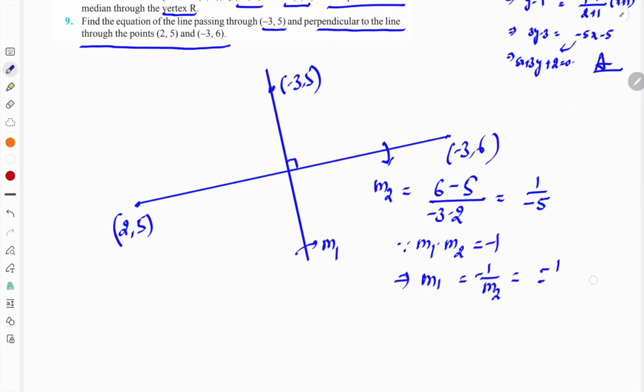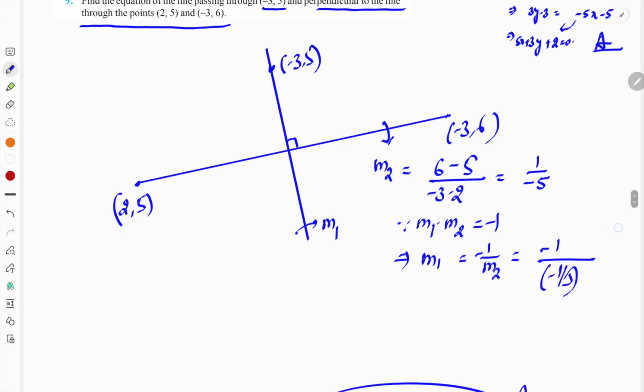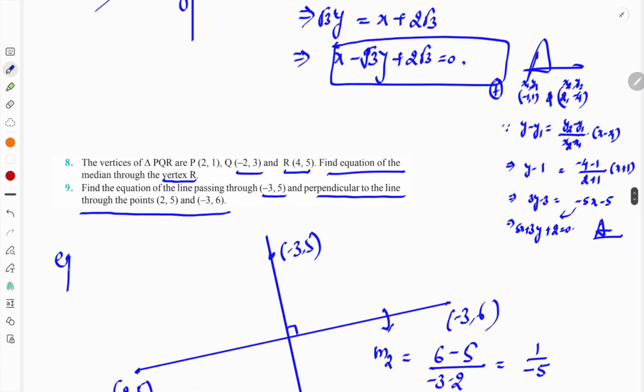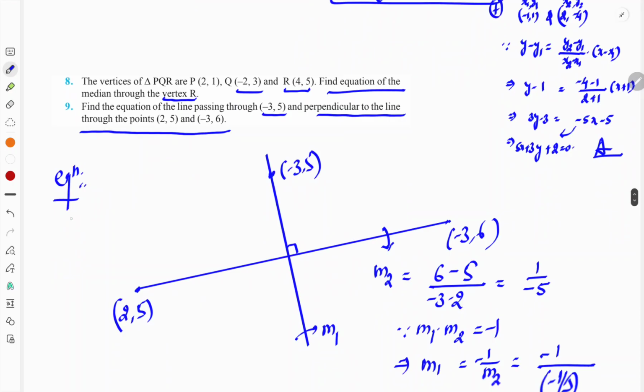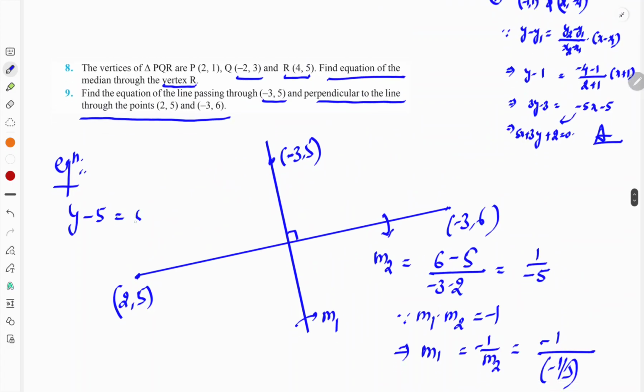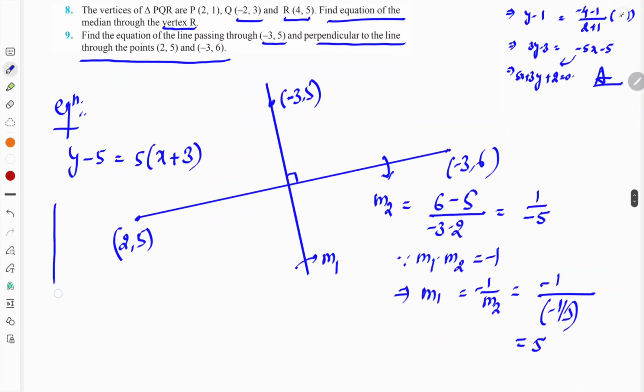Putting in the value, minus 1 divided by minus 1 by 5, the minus signs cancel and 5 goes upside, so we get m1 is 5. So the equation is y minus y1 equals m times (x minus x1). The known slope is 5, so y minus 5 equals 5 times (x minus x1), where minus 3 becomes plus 3. So we get y minus 5 is equal to 5x plus 15. Sending everything to one side, we get 5x minus y plus 20 equals 0.